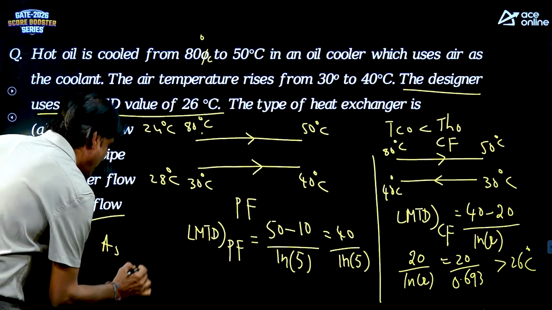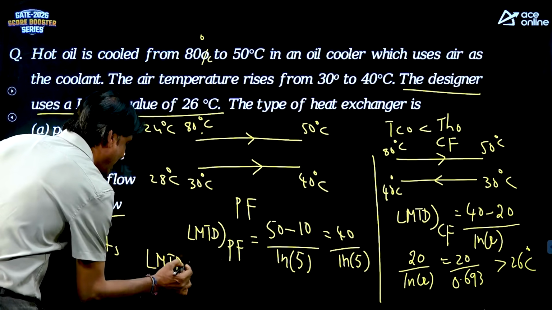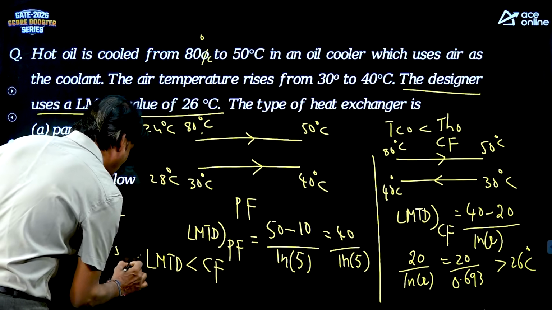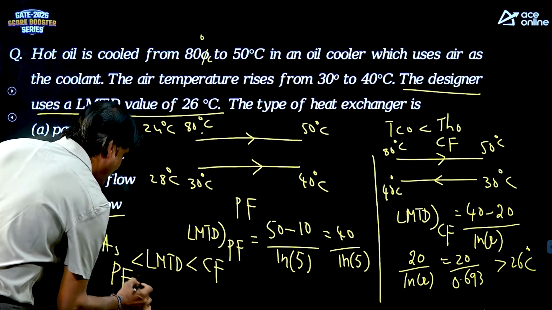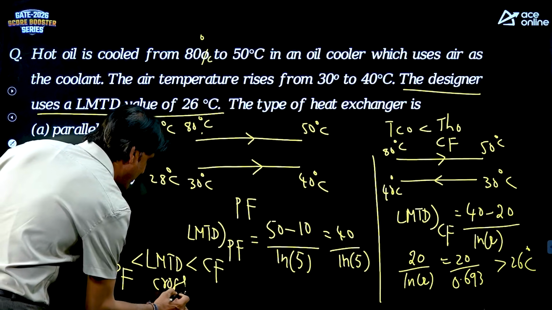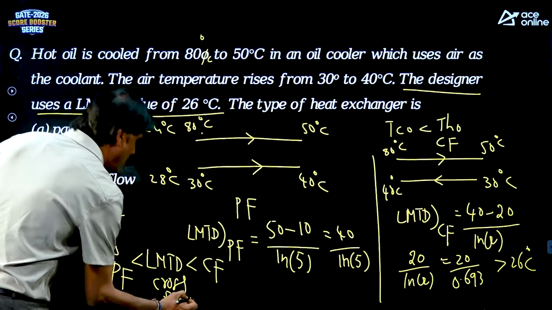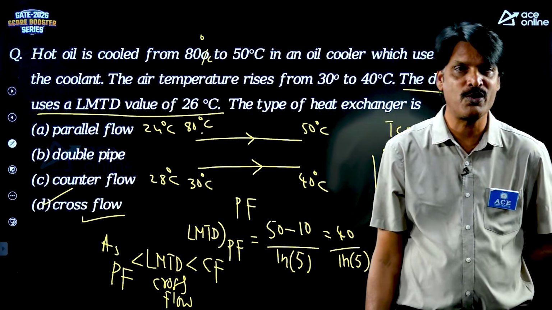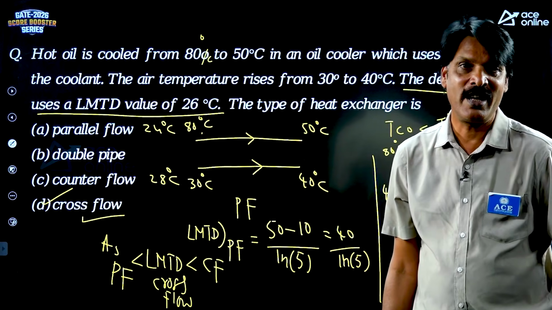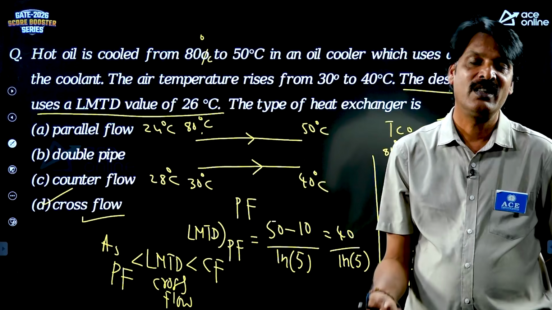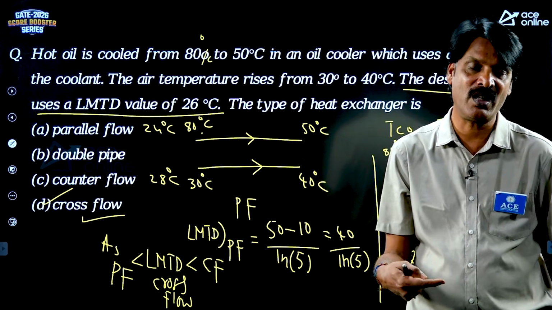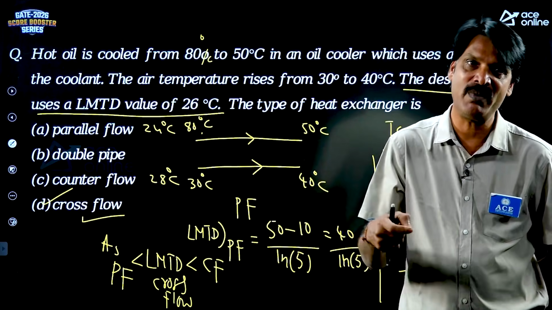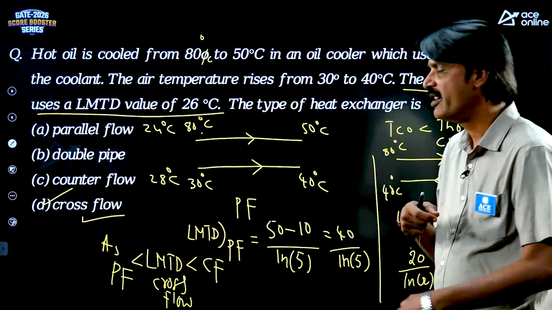As the LMTD value obtained is less than counter flow and greater than parallel flow, it should be a cross flow heat exchanger. See, the pick of the questions in the score booster is not regular. These are questions where your known concepts, with logic and the subject concepts, are imbibed at every point.